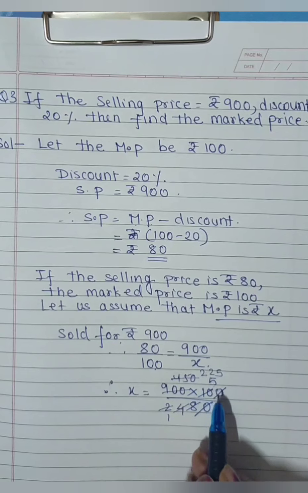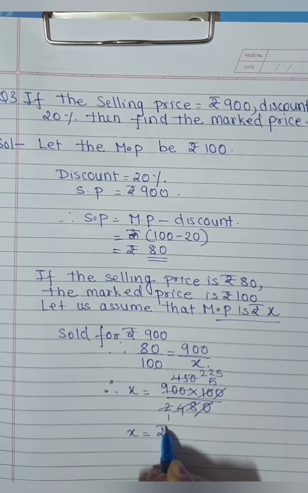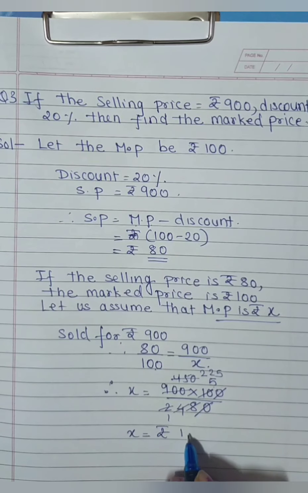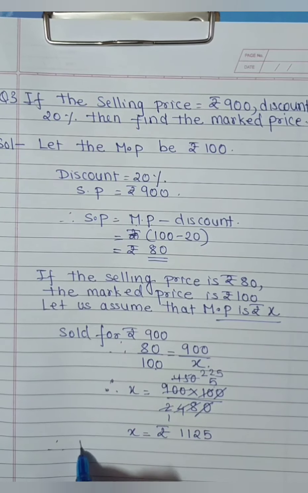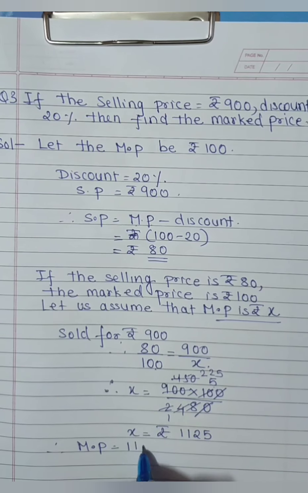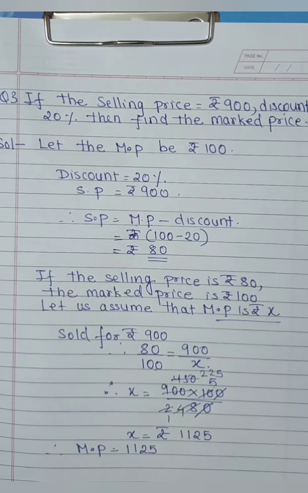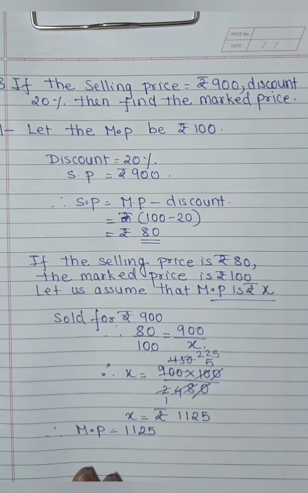When we multiply these both, we'll get X is equal to rupees 1125. So therefore MP is equal to 1125. I hope you understood question number 3.